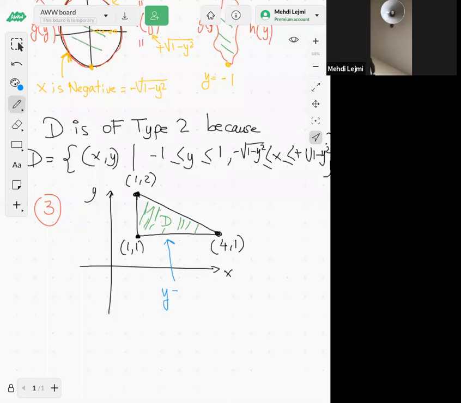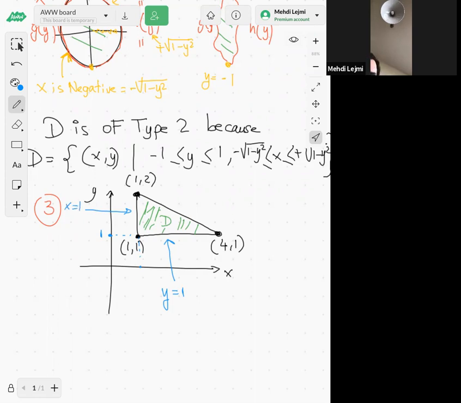Here y is equal to 1. We also have this line, which is a vertical line. The x coordinate here is 1. So this is x equal to 1.